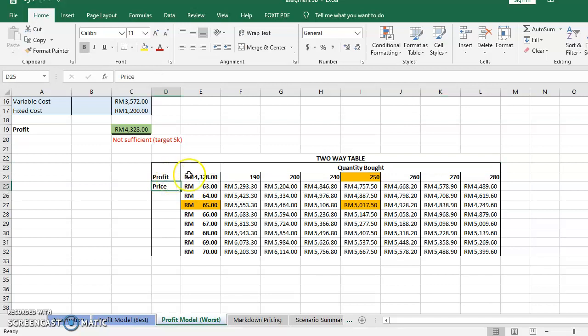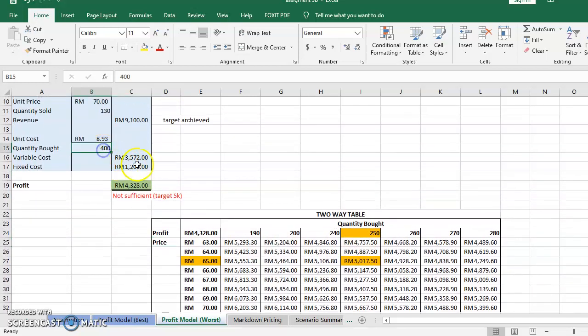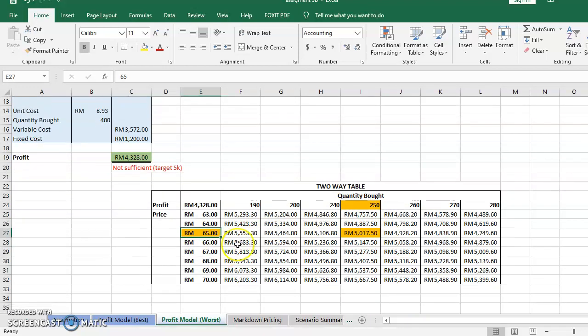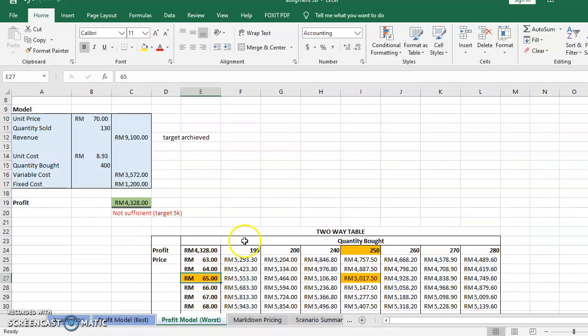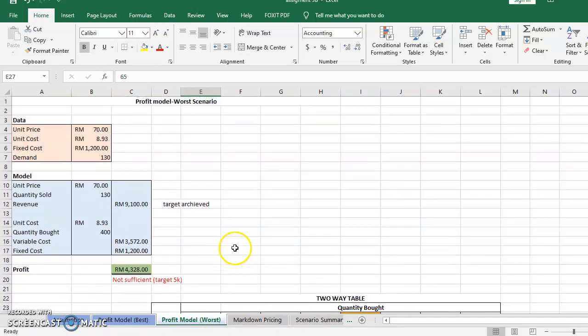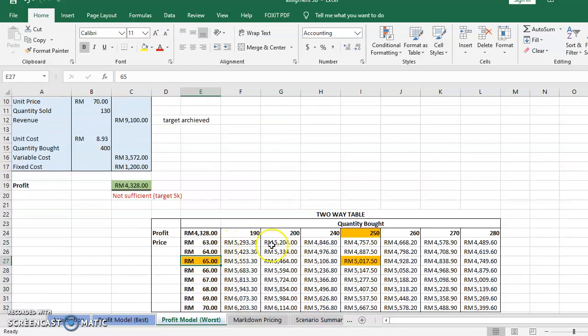The result is I have to decrease the quantity bought from 400 to 250 units, and my selling price per unit is 65 ringgit. So if something happens to my business, I have to reduce my quantity bought and sell at a lower price, from 70 to 65 ringgit.